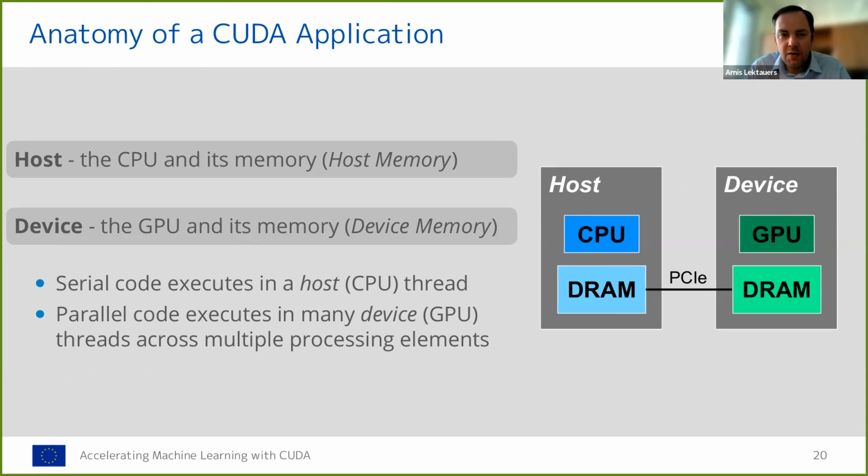Host is the term for the CPU side and its memory, named host memory, and device is the CUDA term for working with the GPU and its memory, and correspondingly GPU memory is named device memory. So device is an equivalent for GPU and host is an equivalent for CPU.